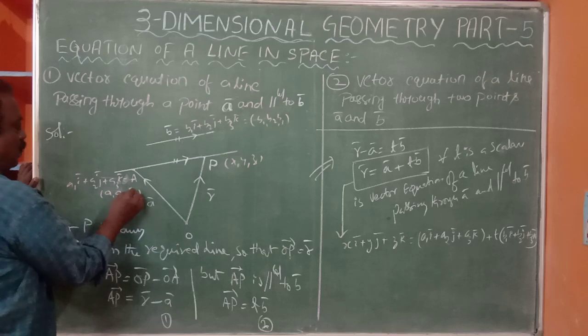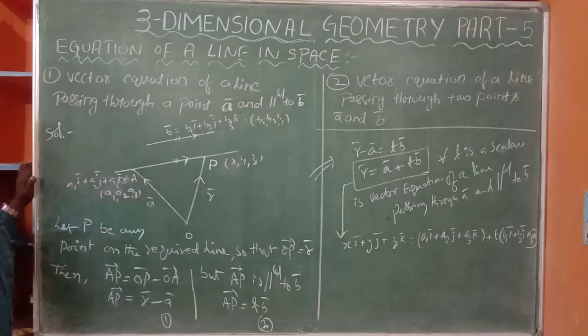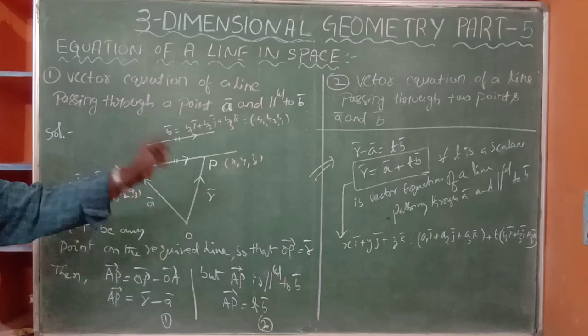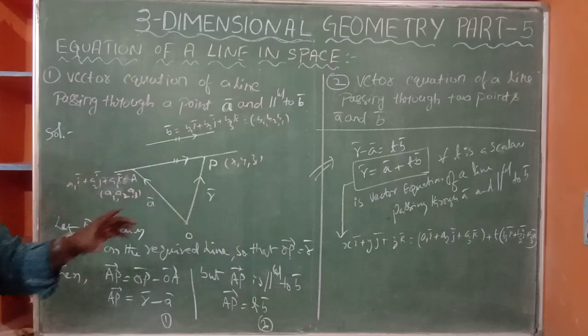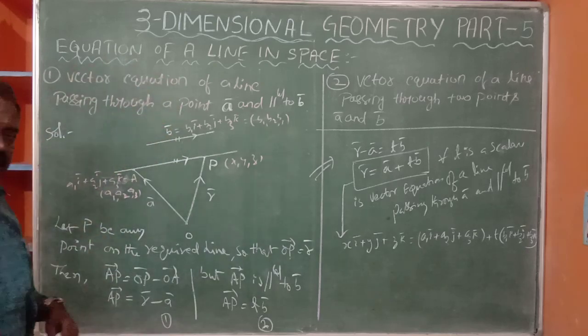Coordinates we already know. Now I am substituting those values: xi plus yj plus zk is R bar. A1i plus A2j plus A3k is the position vector of the point A through which the line is passing. And B bar is a component vector, that is, a free vector.